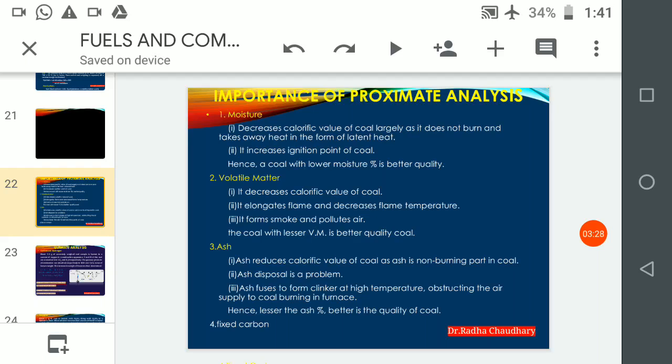Ash is useless non-combustible matter which is left behind when all combustible substances have been burned off from the coal.